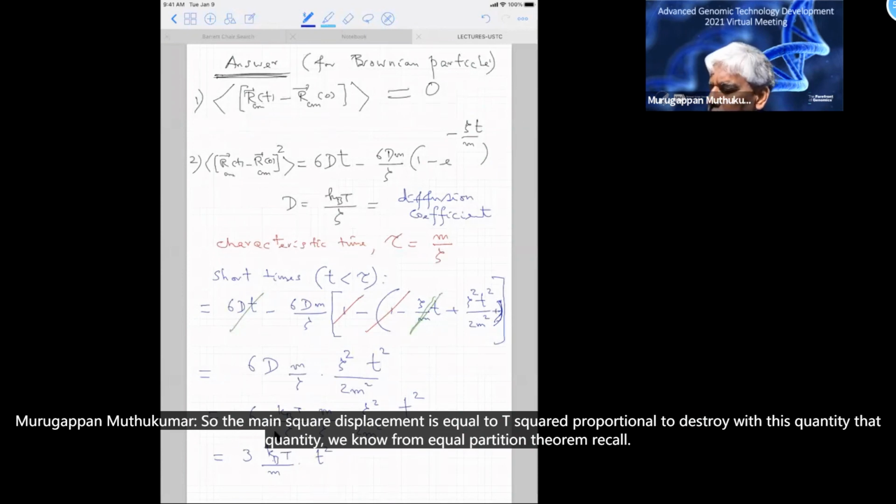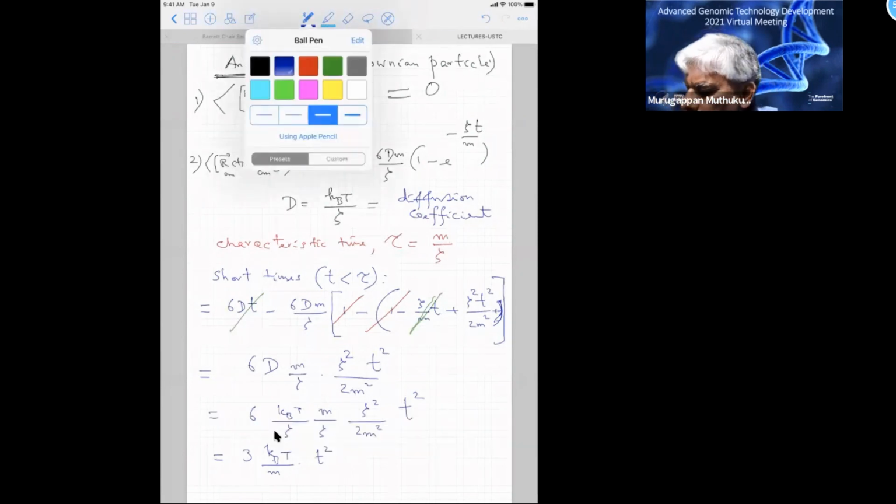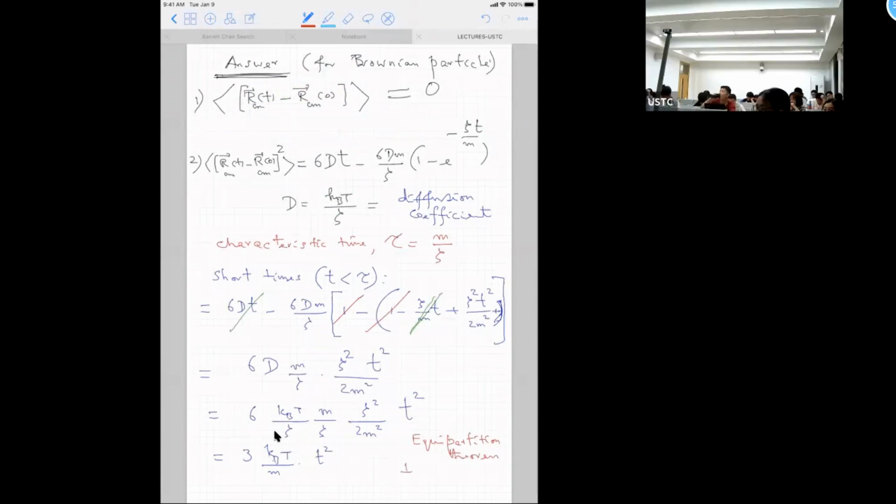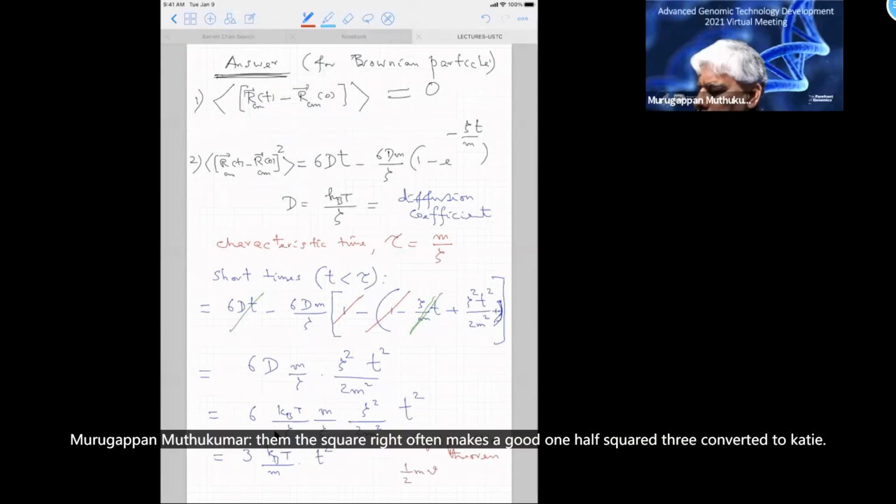That quantity we know from the equipartition theorem. You recall, half m v square is equal to 3 divided by 2 kT.